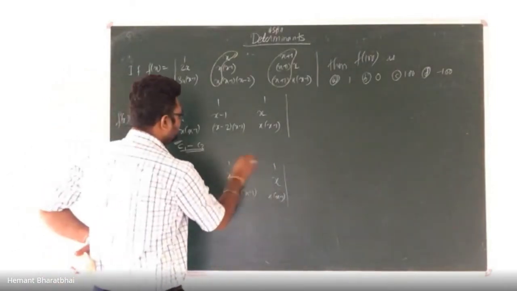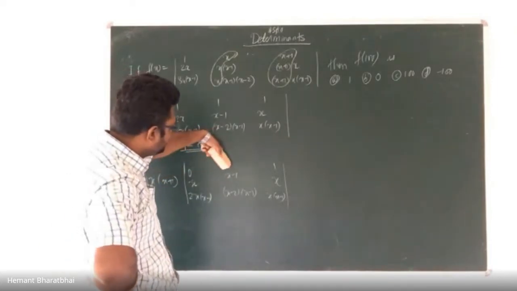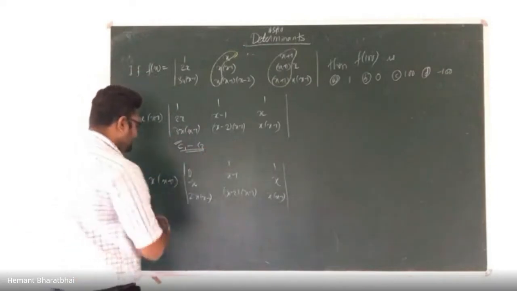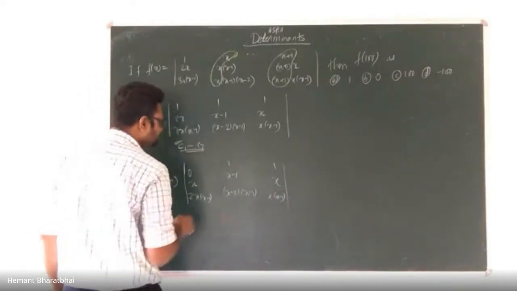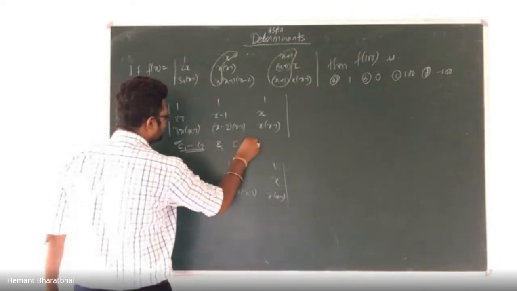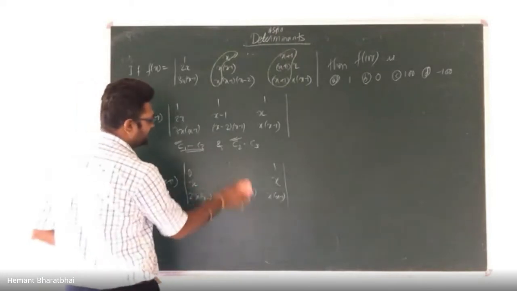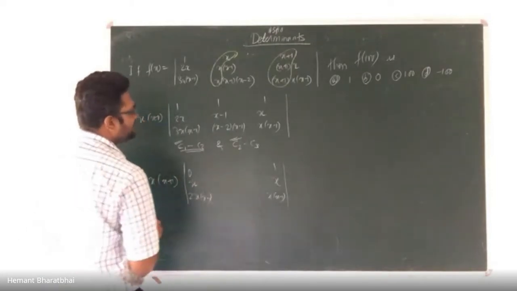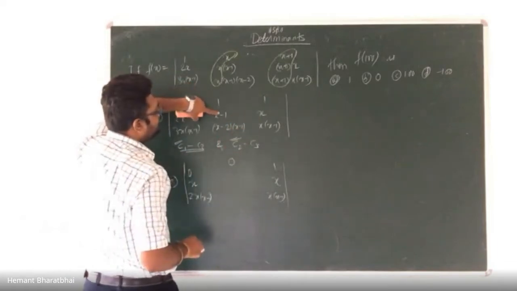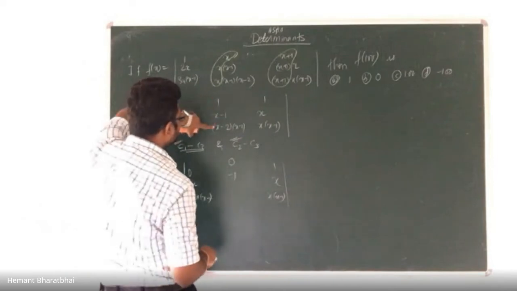Then I can try with this 2 also. So here also when I subtract 1 minus 1, this will become x minus 1 minus x. This will be an even better thing. So in this step itself, I can do C2 minus C3. So 1 minus 1 will give me 0. x minus 1 minus x will give me minus 1.